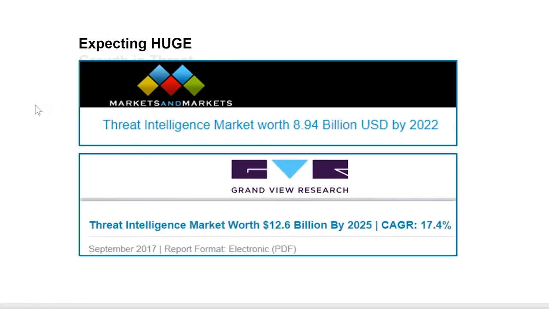So with that, as you can see, the threat intelligence market is getting big. It's getting huge. And here's a couple of snapshots of where that's going in terms of its worth and expected growth.